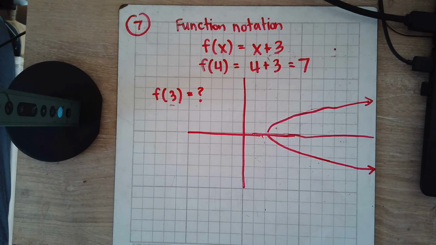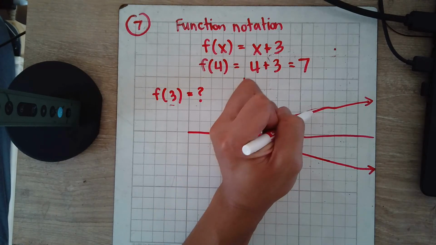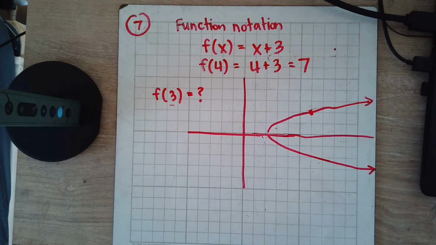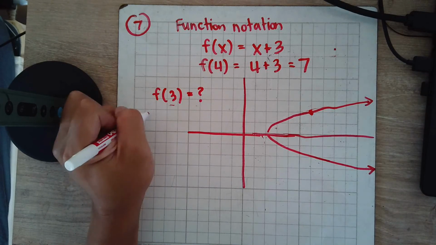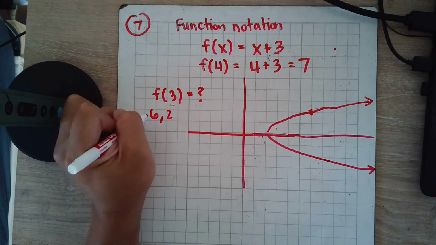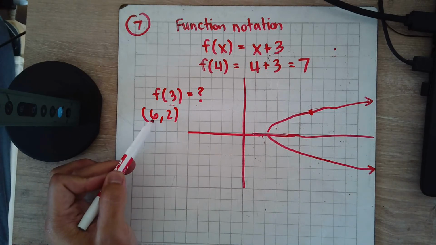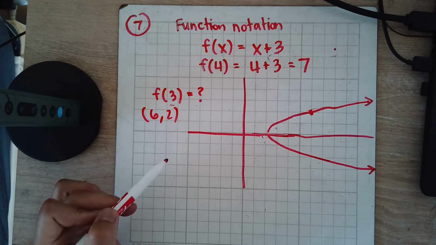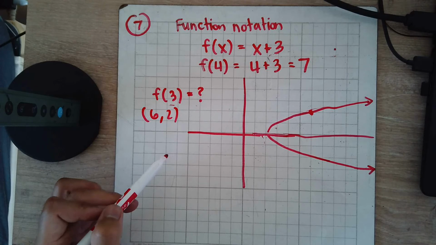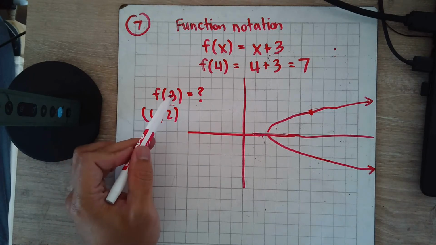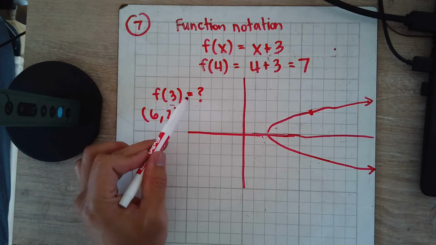If I once again went to this point 6 comma 2, 6 would be my input, and my output would be 2. So this is asking me, what if my input is 3? What would be my output?